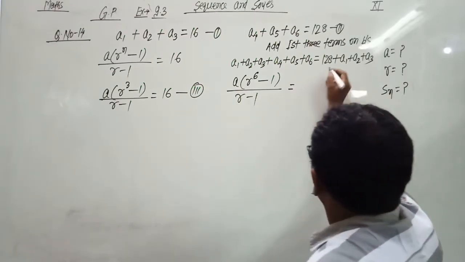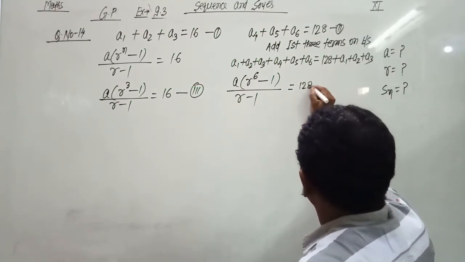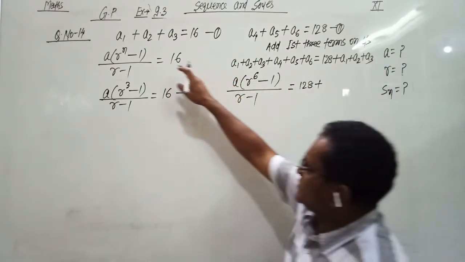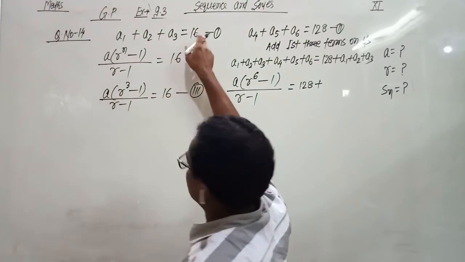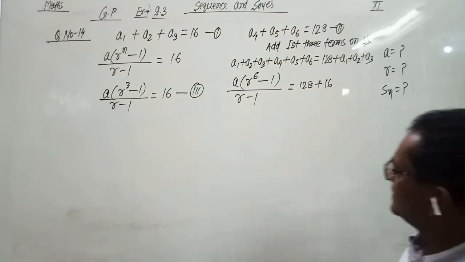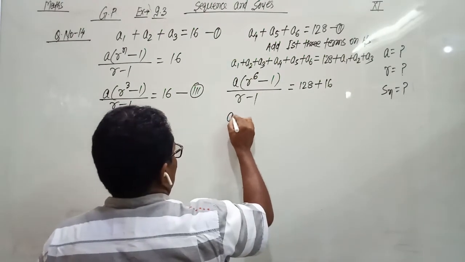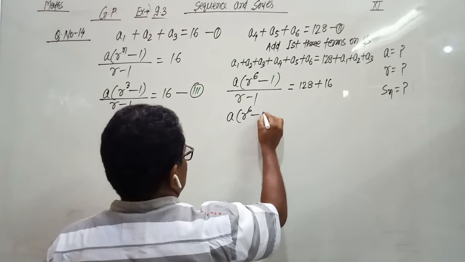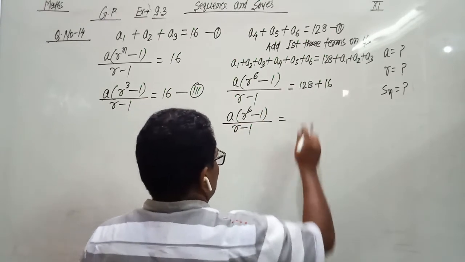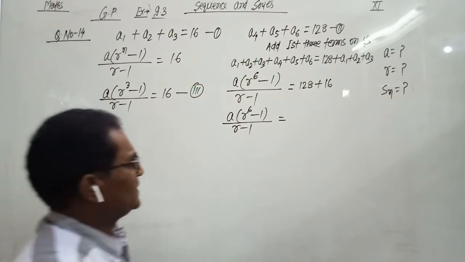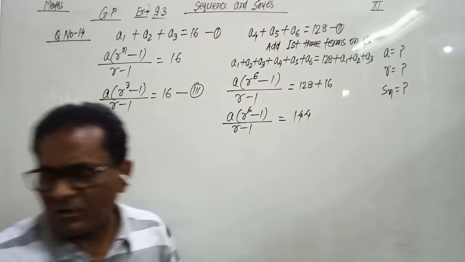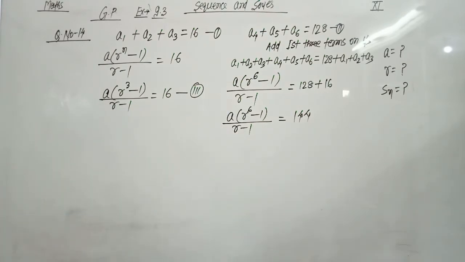This equals 128 plus A1 plus A2 plus A3, which can be written as 16. So we get A into R raised to the power 6 minus 1 upon R minus 1 equals 128 plus 16, which gives 144.